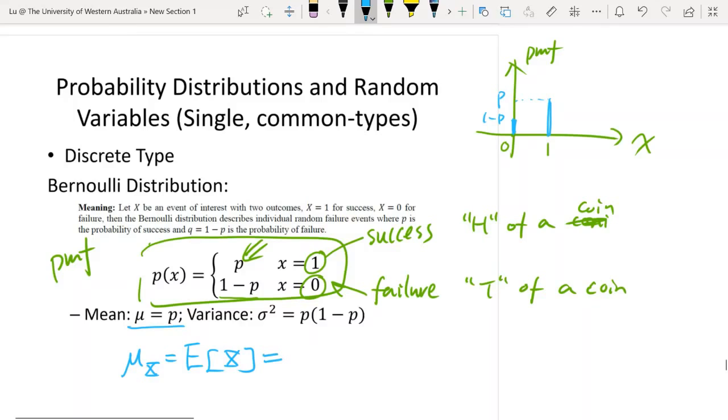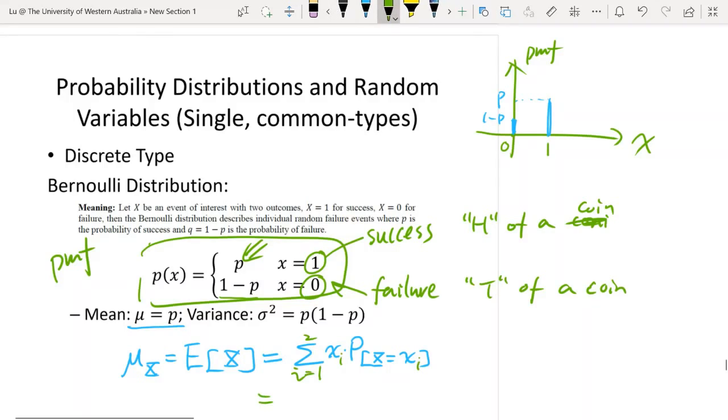You have to use summation: x value multiplied by the probability that the random variable equals this x. Because you have two values, we use xi, with i from 1 to 2.